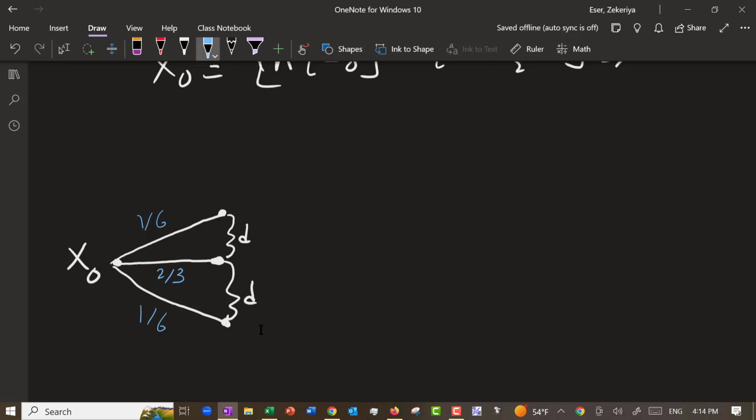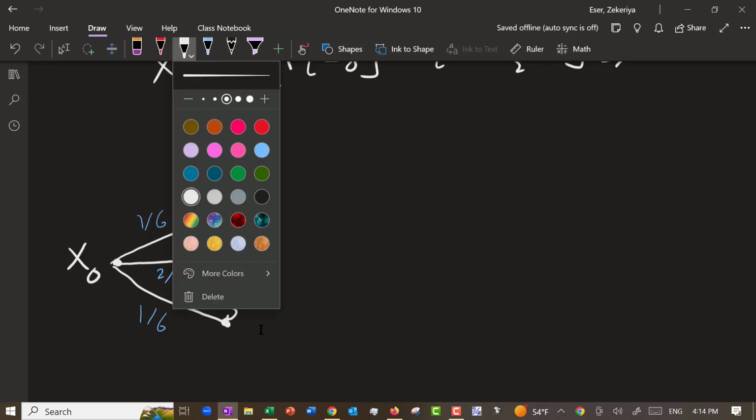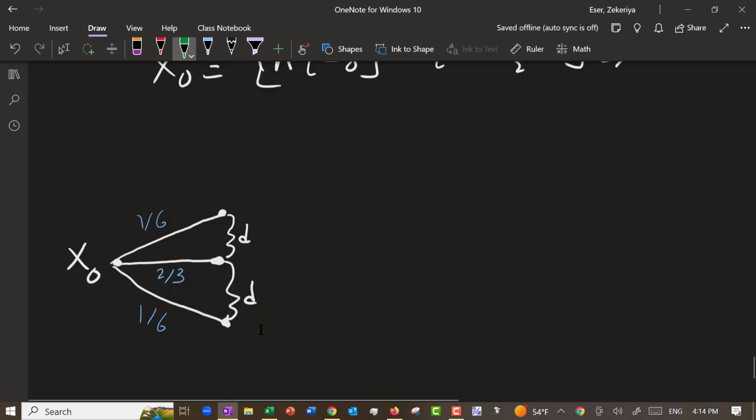But the next movements are simple. Let's make it a different color. Let's see if you can see the light green. On those, they're going to stay the same, except you're going to add new extremes.